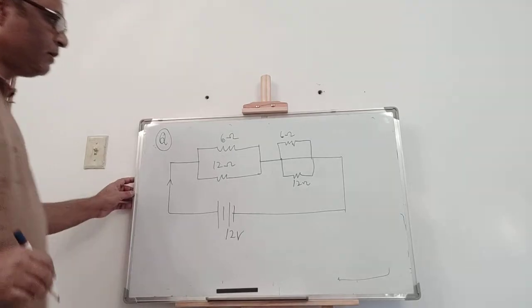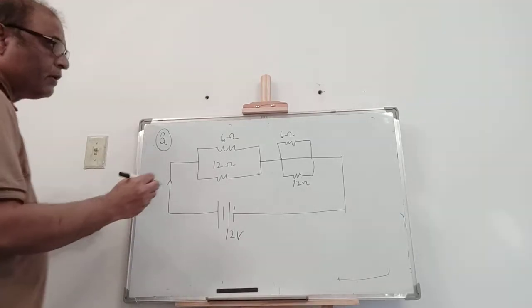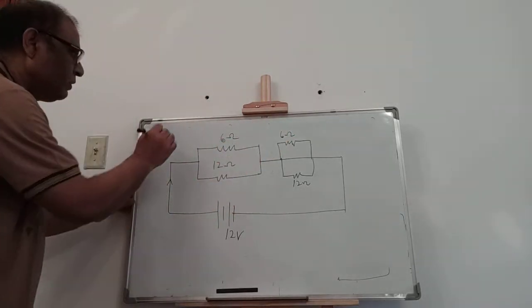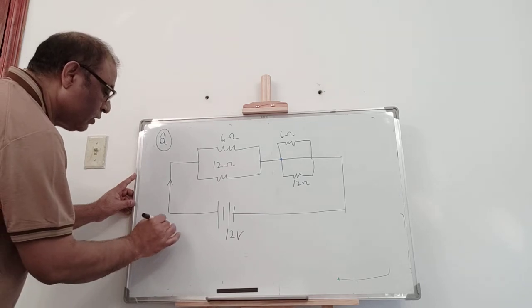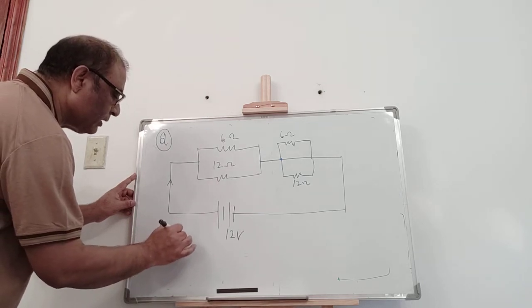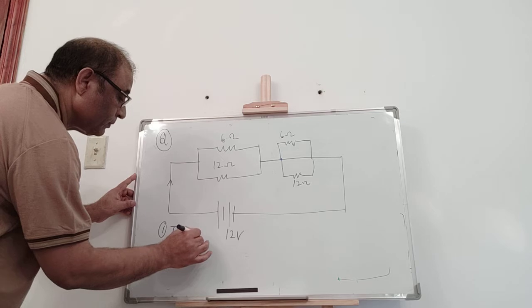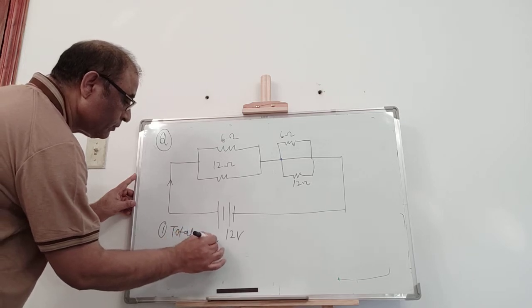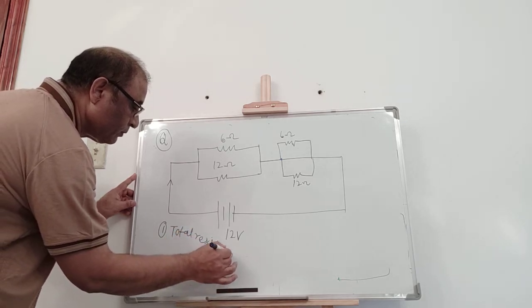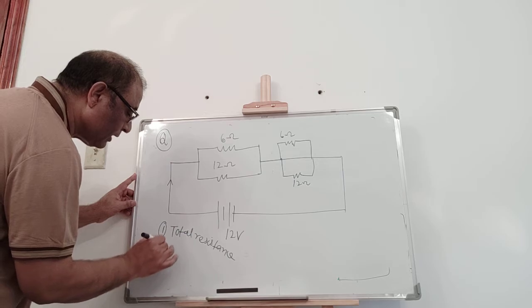By the question, find out number 1, total resistance, and number 2, total current.